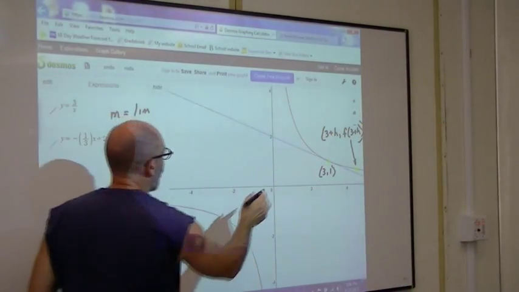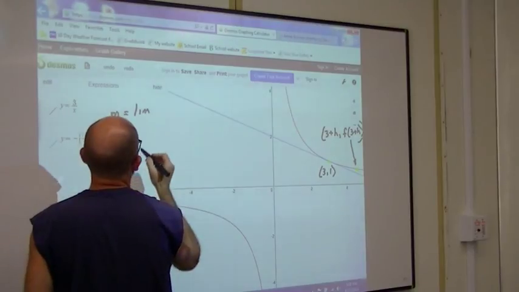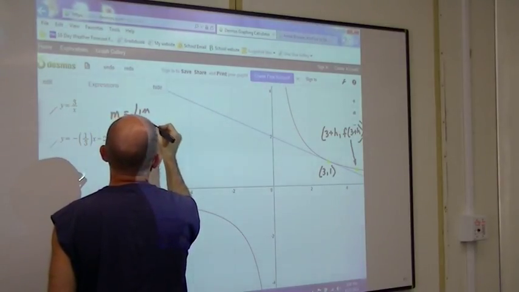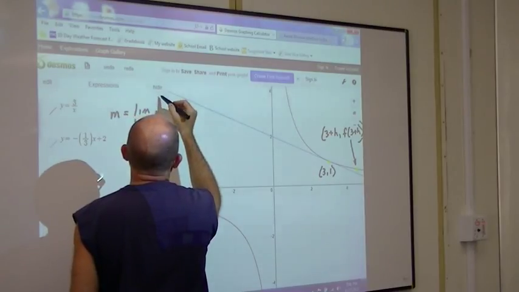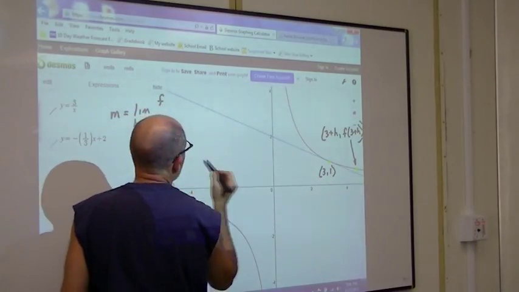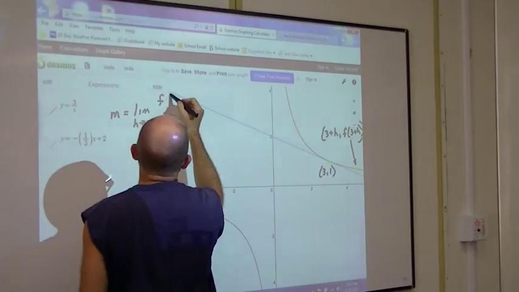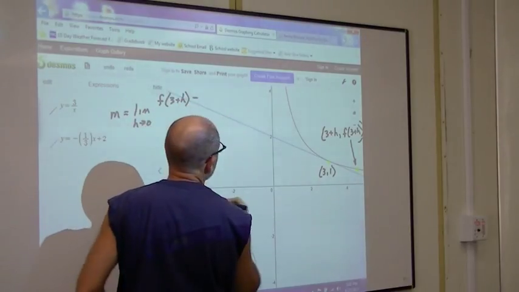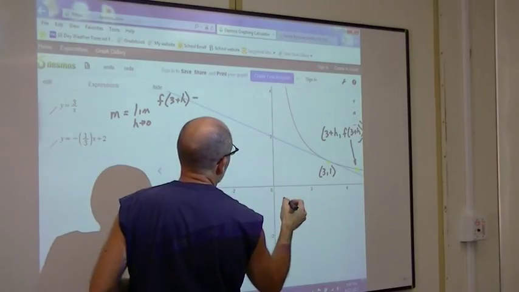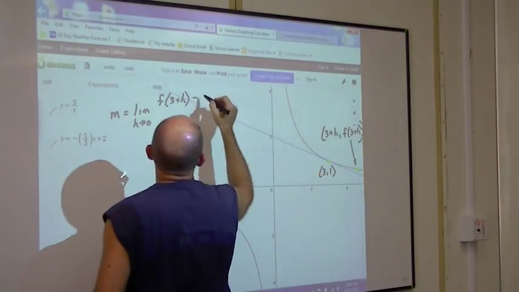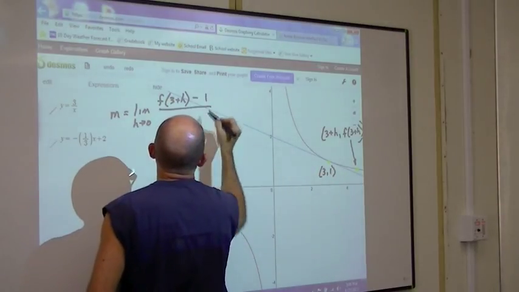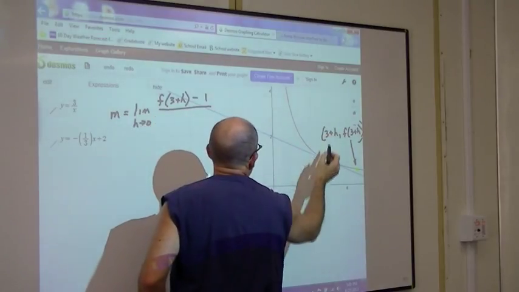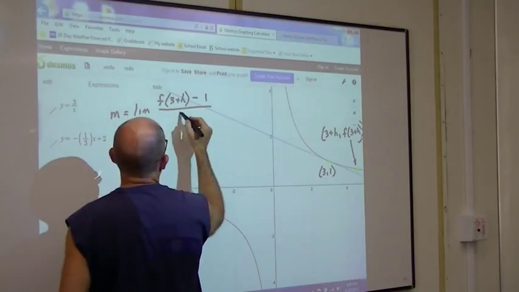So the slope at our 3,1 is going to equal the limit as h approaches 0 of f of 3 plus h minus the y value, which is 1, over 3 plus h minus 3, which is just h.